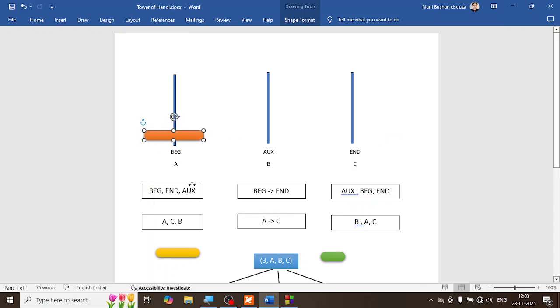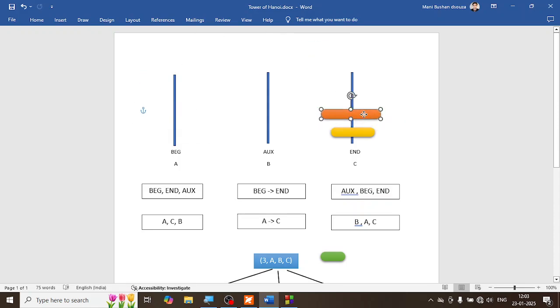What to do in this case? You cannot simply move this disk here and then simply put this disk on top of it. It is not allowed, because I already told you the larger disk cannot sit on top of the smaller disk. That is ruled out. So this solution is ruled out.